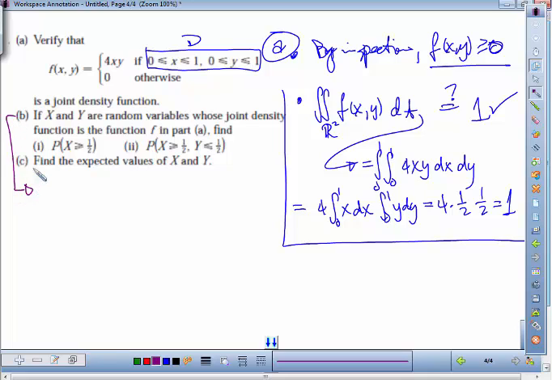Part B: x and y are random variables whose joint density is the function above. Find the probability that x is bigger than or equal to 1/2. We didn't draw the region in the domain, but we'll do it now.